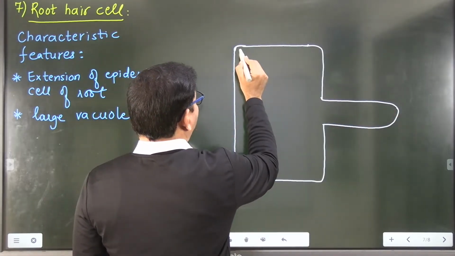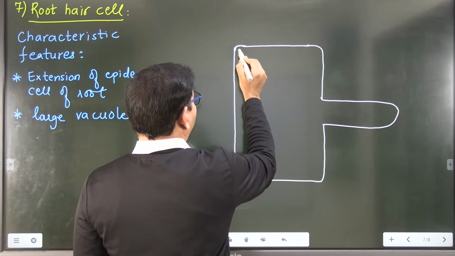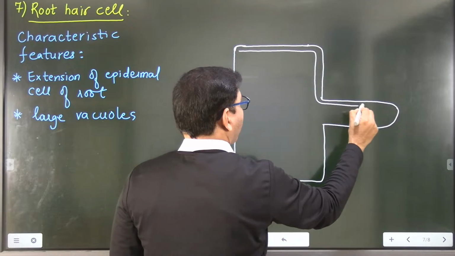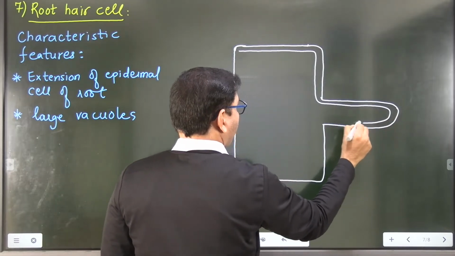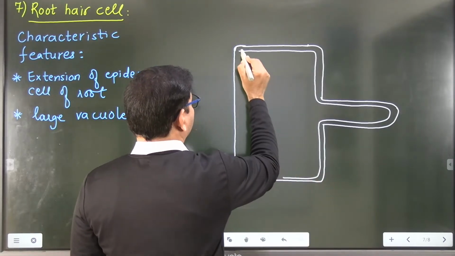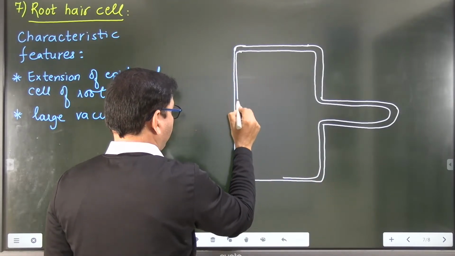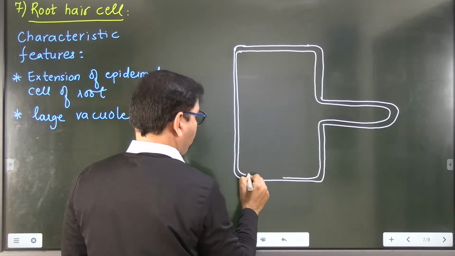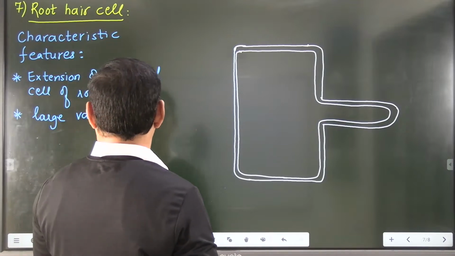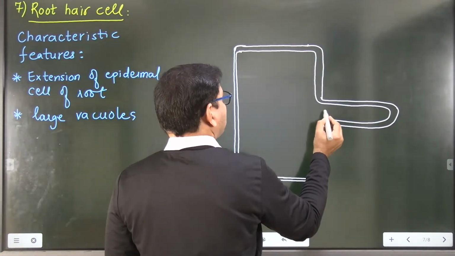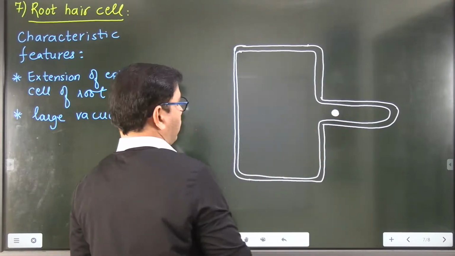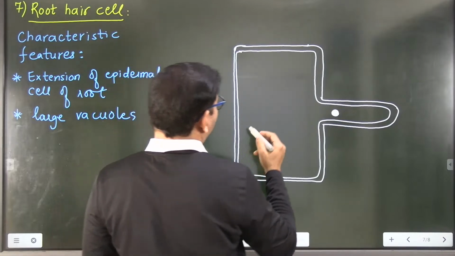This was the cell wall, and I'll draw the cell membrane. Right? So the parts are the nucleus, then the vacuole, a large vacuole.